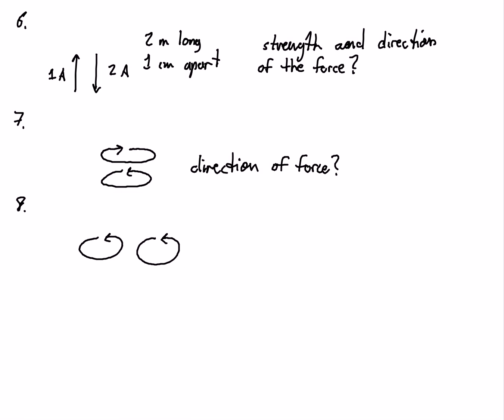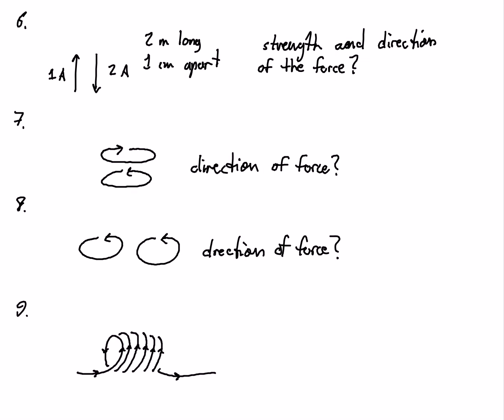Problem 8. Consider two circular loops of wire, both carrying current in the same direction, that is, both counterclockwise, the way I've drawn it here. What is the direction of the force that they exert on each other? Note that these loops of wire are next to each other rather than one atop the other, as was the case in problem 7. And for problem 9, consider this coil of wire.